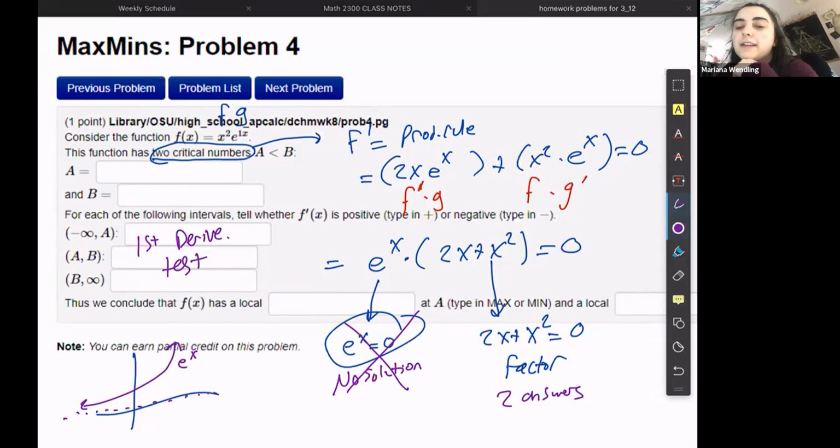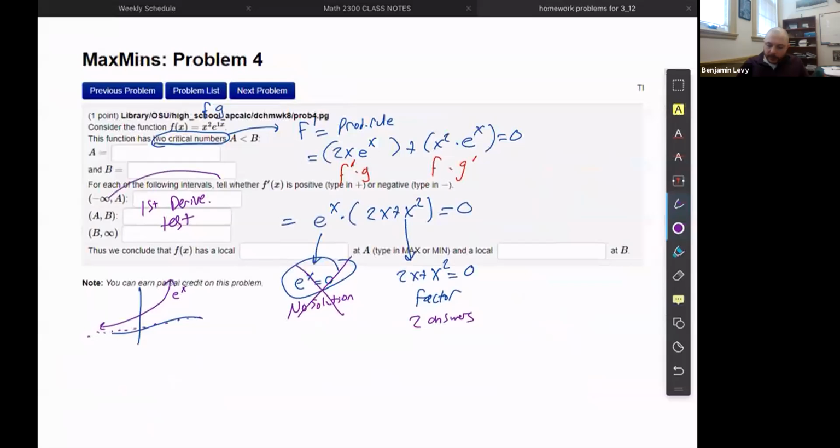So for the second part, you would just make a table for each of them? So for the second part, you'll have a table that looks like this. Or maybe I'll do it like this. You'll have your 2 critical points, and then you just want to test something here, here, and here.